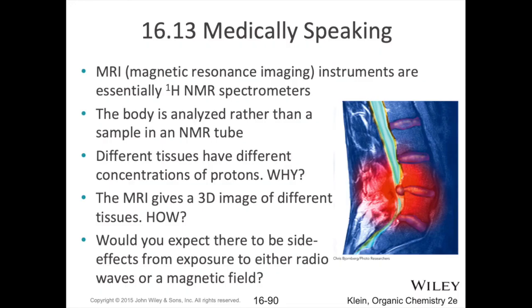You've probably heard of MRI, or magnetic resonance imaging, and it works on a very similar phenomenon. Basically, instead of looking at the environment that the atoms in your sample are in, you start looking at the atoms in biological tissue.